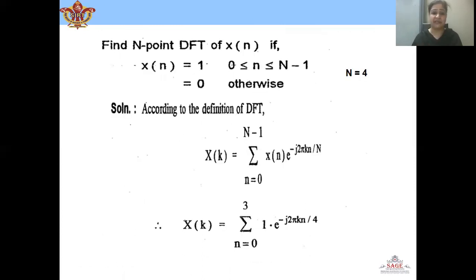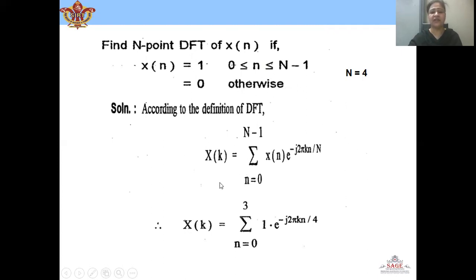Now we will take another example. We will find the N-point DFT, where capital N is 4, of the sequence x[n] equal to 1 between 0 to N minus 1. N minus 1 means 0 to 3. So we have a sequence which has value 1 at n equal to 0, 1, 2, 3, and value 0 at other values of n.